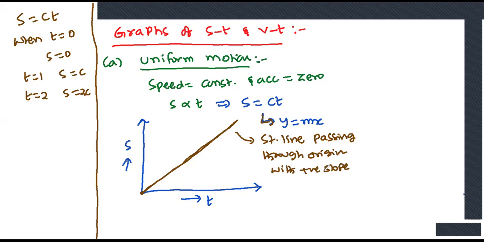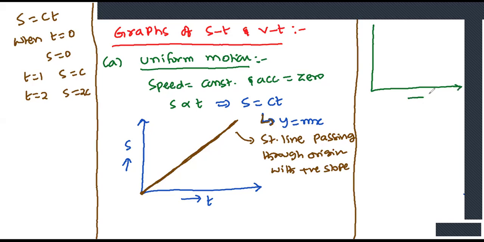That is the shape of the ST graph. Next, the VT graph. On the x-axis it is time, and on the y-axis it is velocity. In uniform motion, distance equal to displacement. So as distance equal to displacement, can I say that speed equal to velocity?